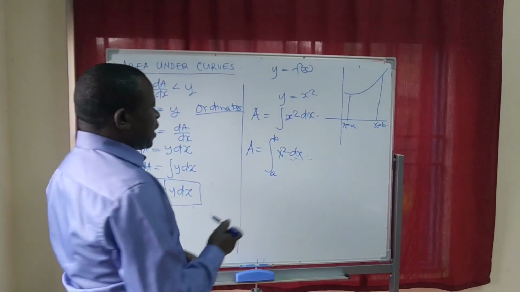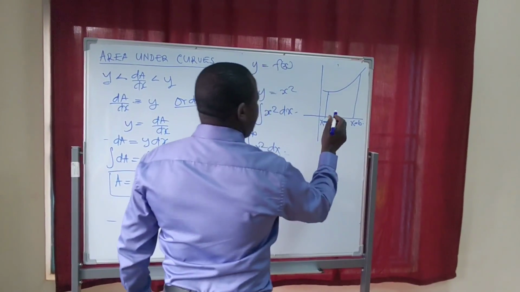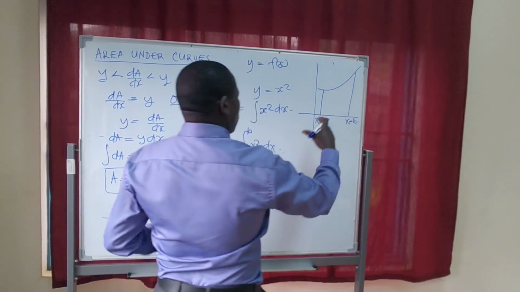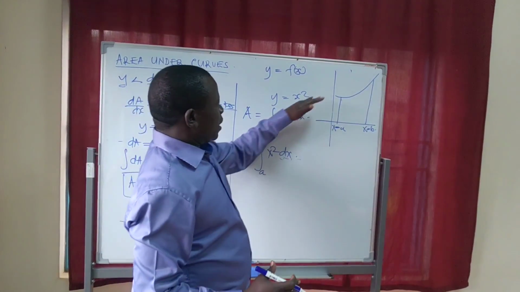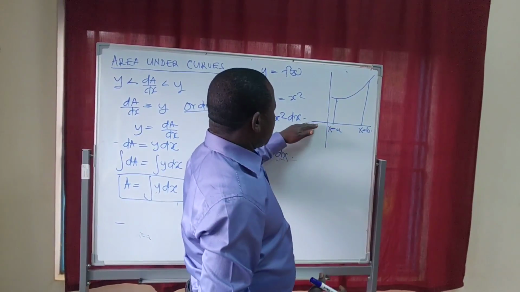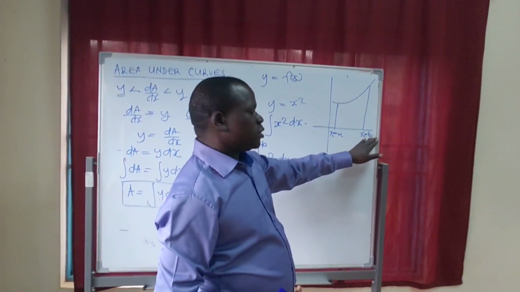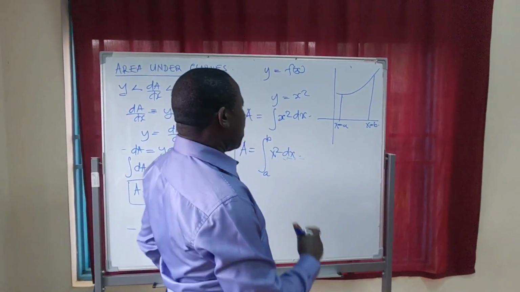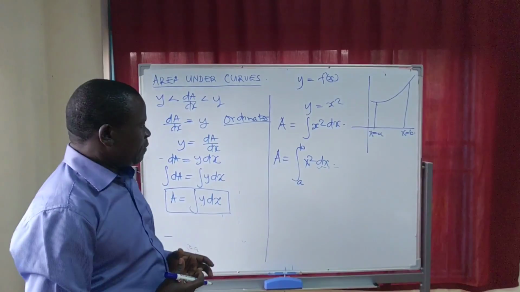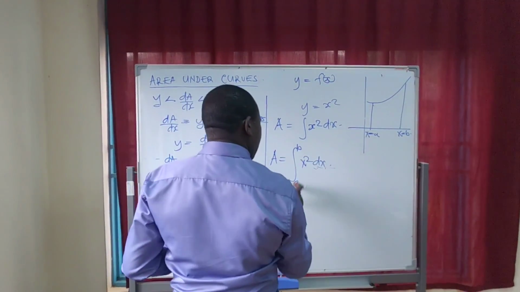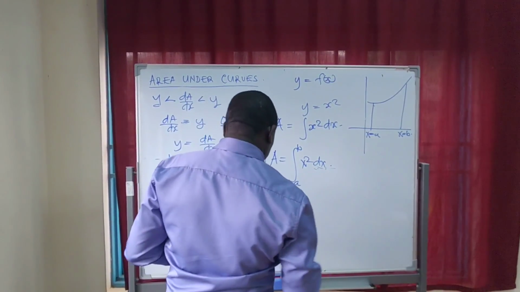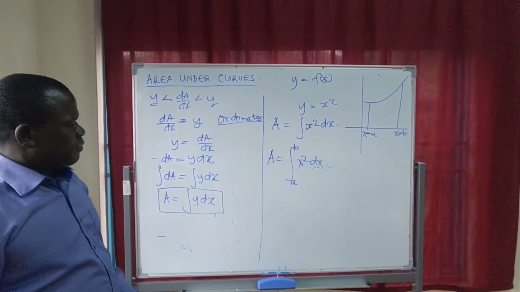Now, in this case, if I'm to find the area under this curve, it would be the curve and the x-axis, with x from x equal to A to x equal to B. Meaning I'm finding the area within this region, between A and B. Now, what does this mean therefore?